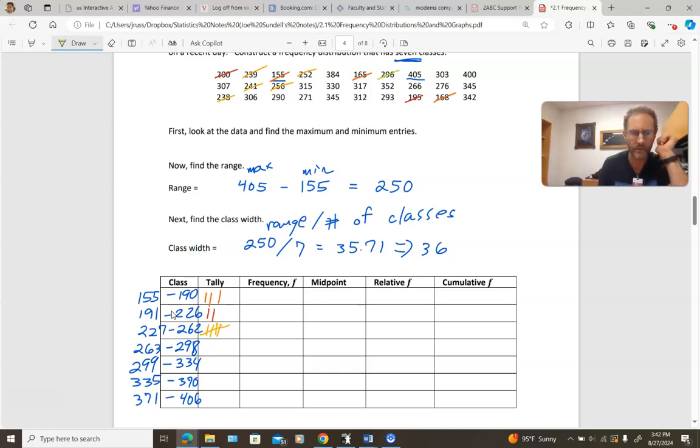Well, both of these entries would go. It goes all the way to 298, so I can include that one. I can include the 271 and the 290, so 3 more. So 1, 2 makes 5, and 3 makes 6.